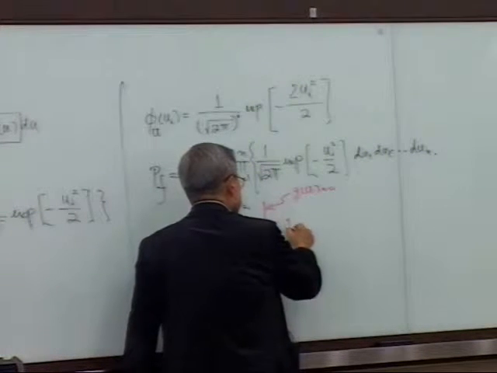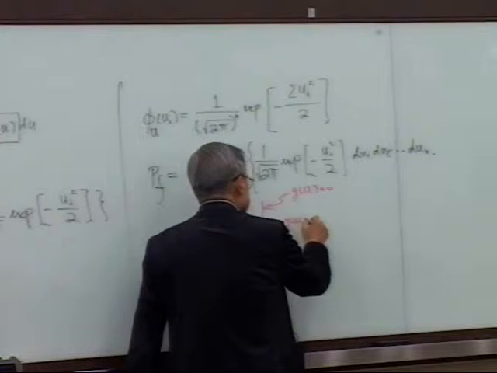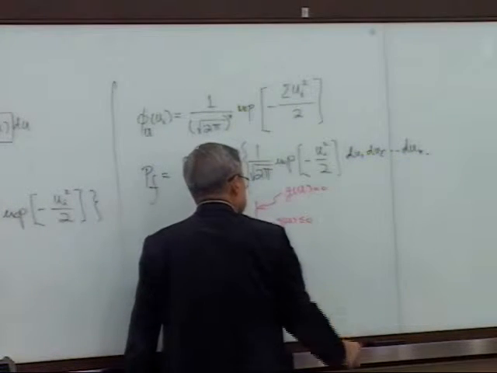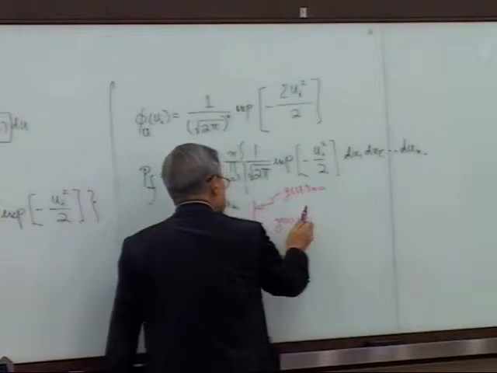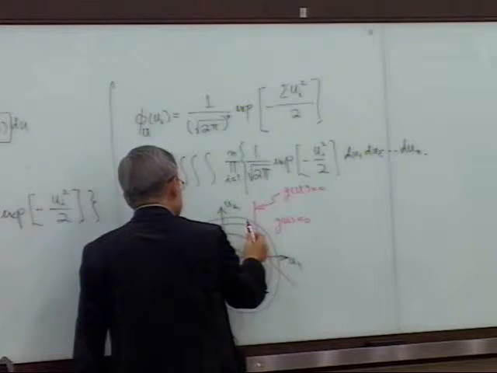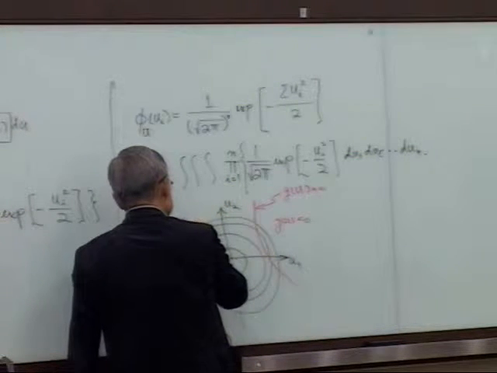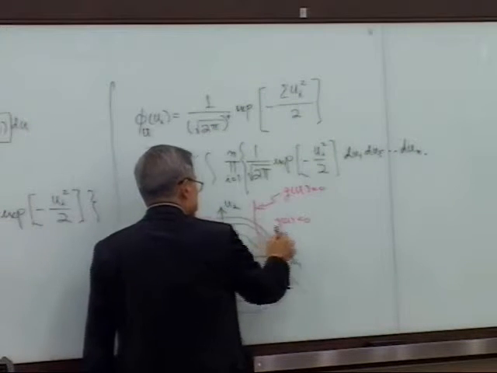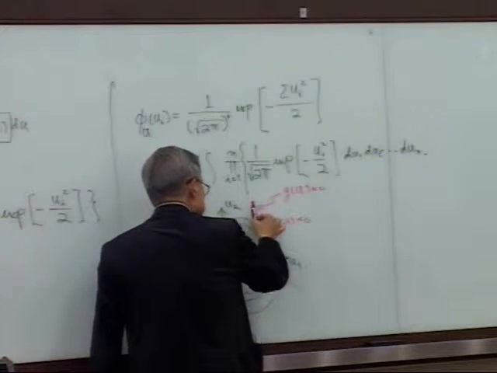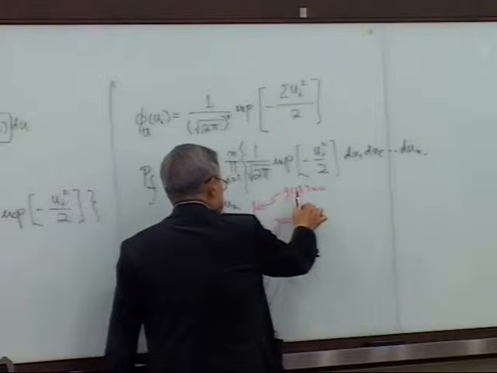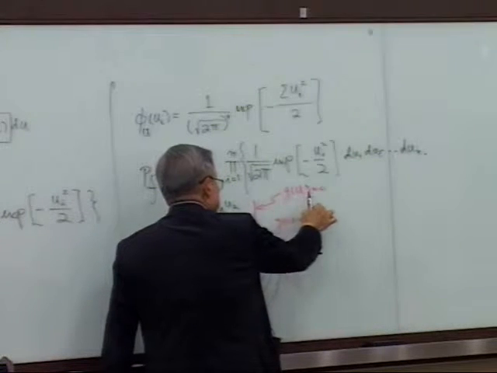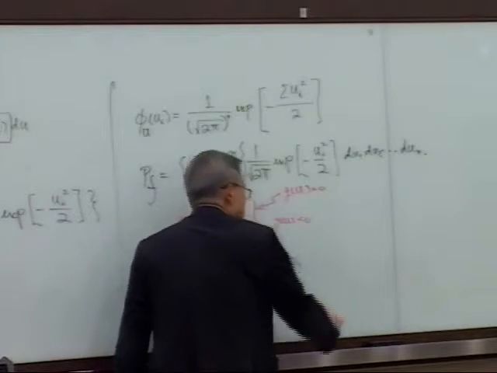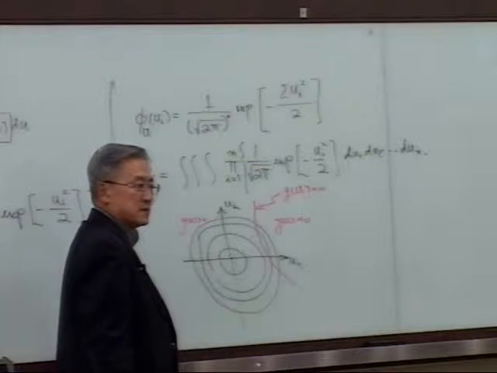This region is G(U) less than 0, and the other side is G(U) greater than 0. Safe region, failure region. This is the performance function or limit state function, right at the failure surface.